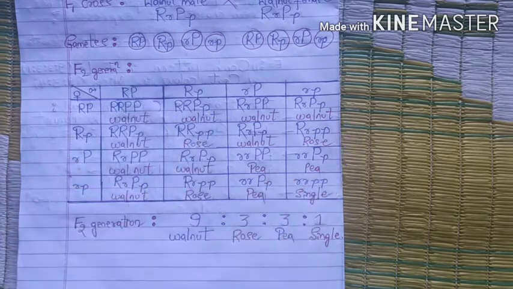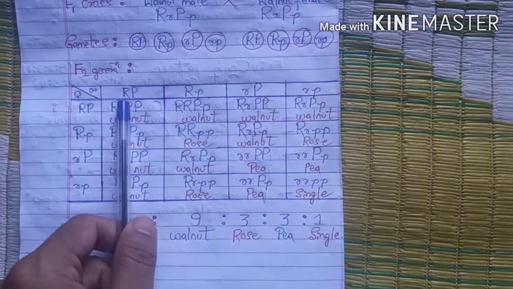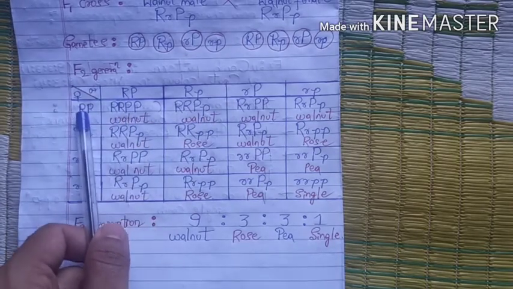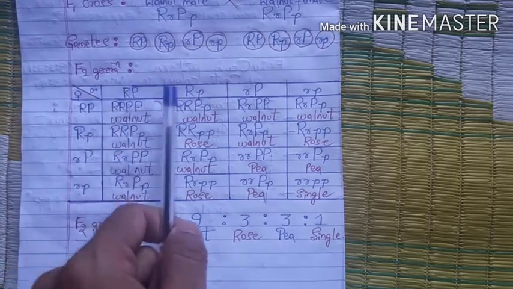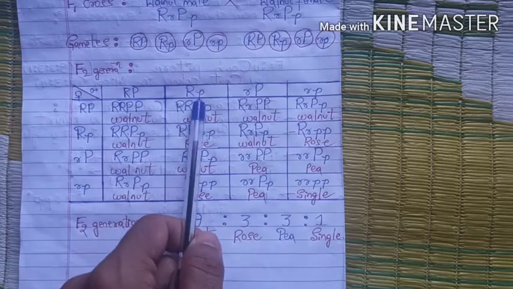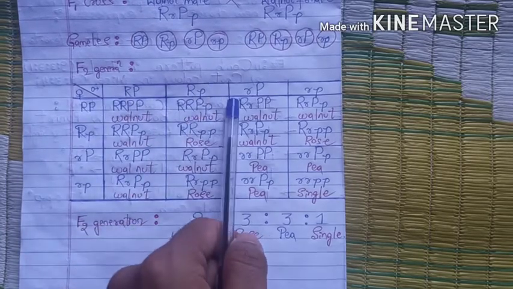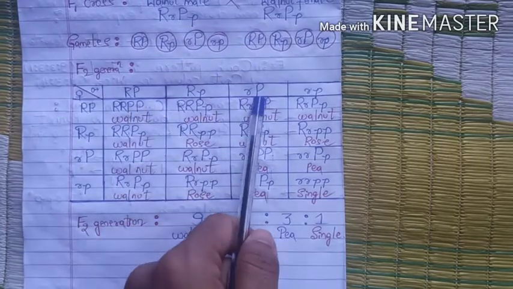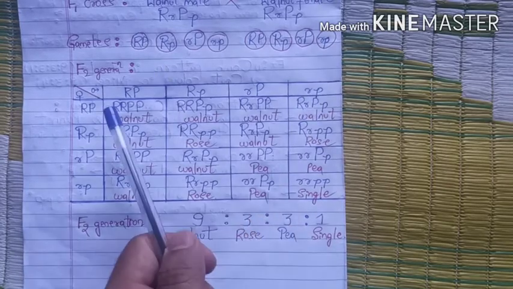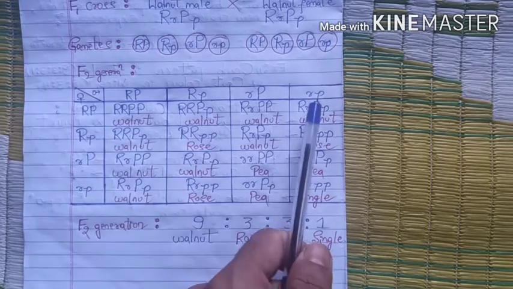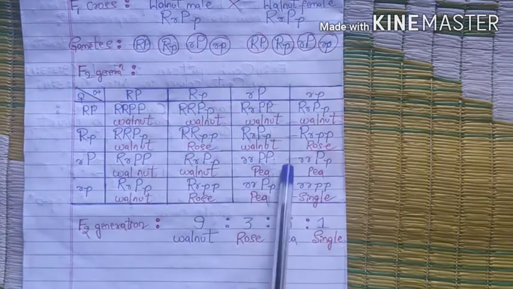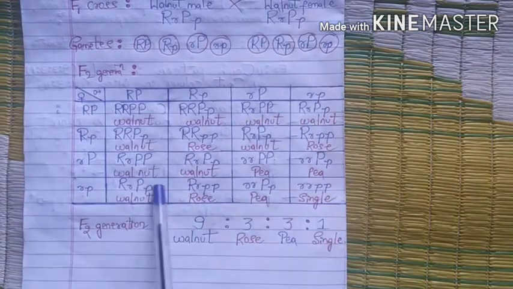Now just cross multiply this: capital R, capital P, then capital R, capital P, small p, similarly here capital R, capital P, then the last one, capital R, capital P, small p. Like this you have to first write all the genotypes.